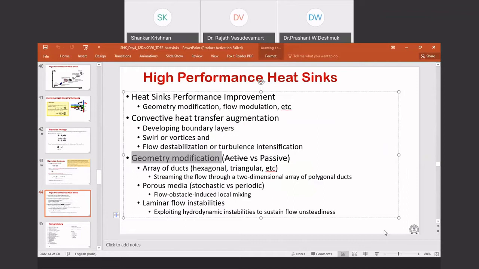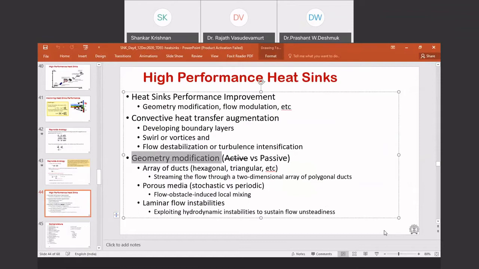Usually the hotter air is closer to the heater and colder air is on top. So for better heat transfer performance, we need the mixing to happen locally so that cold air and hot air mix, the overall mean temperature rise is maintained throughout, and there is no big stratification in thermal gradients.